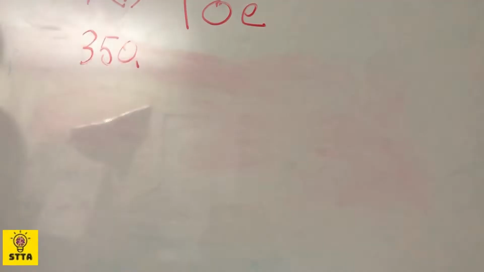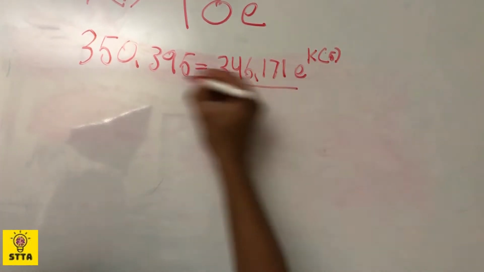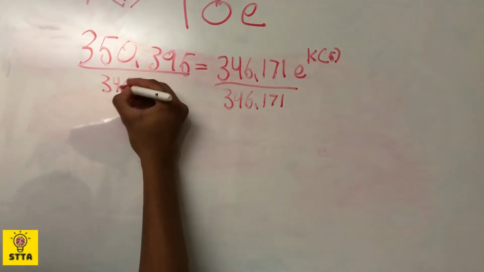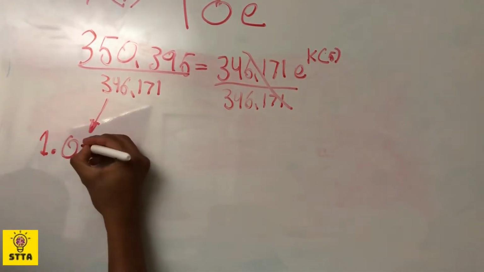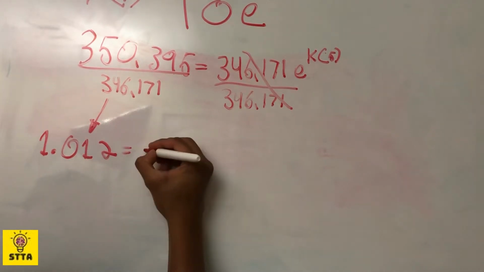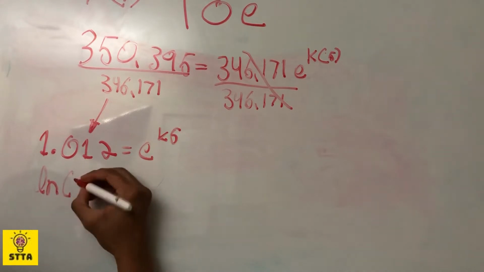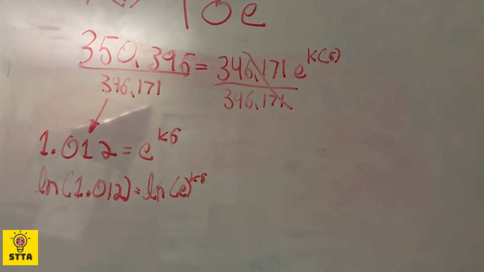First of all, after we set the equation, we have to divide the final population by the initial population. In this case, we get 1.012 as a quotient, which we set equal to e to the k times 5. In order to get rid of the e, we must use natural log, or ln, as shown.